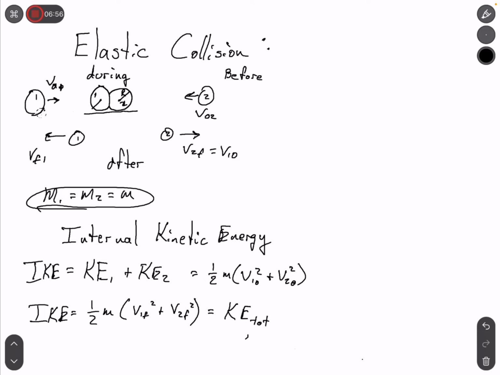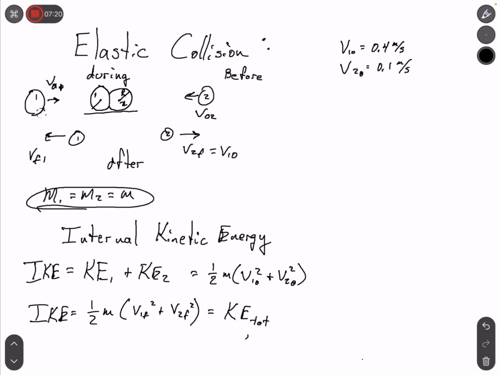For our billiard balls that we saw in the last video, we had V10 equal to 0.4 meters per second. We had V20 equal to 0.1 meters per second.